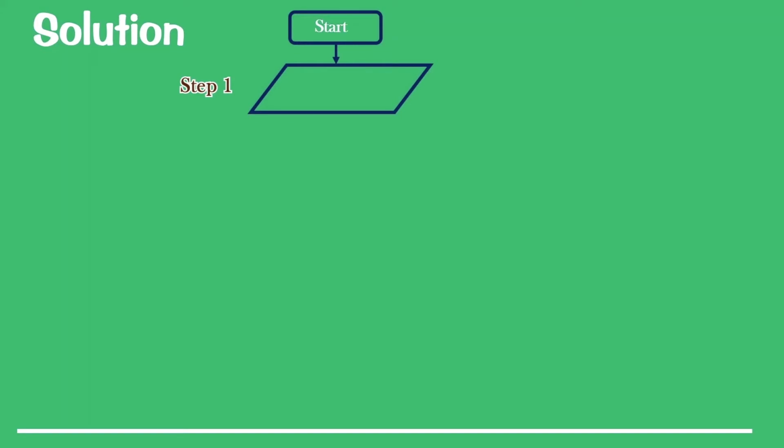First we draw the start symbol, then a flow of direction downwards. Then, let's start with step number 1. We draw the input symbol and input 2 numbers, that is n1 and n2. Then we draw the flow of direction pointing downwards.